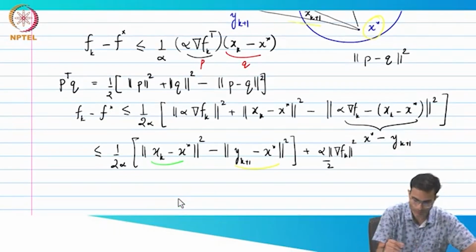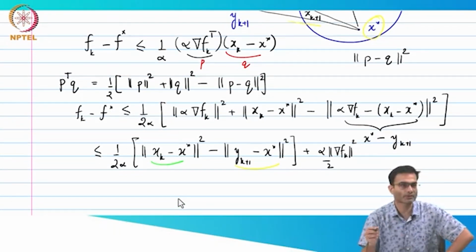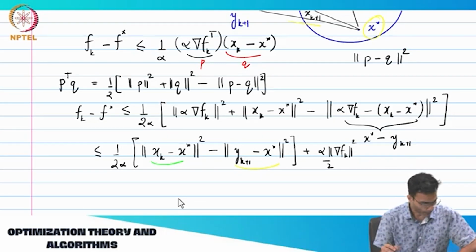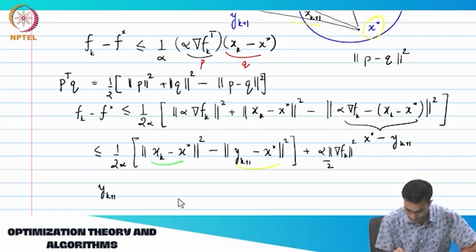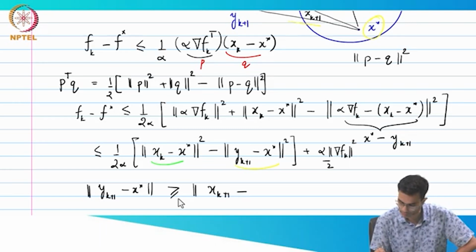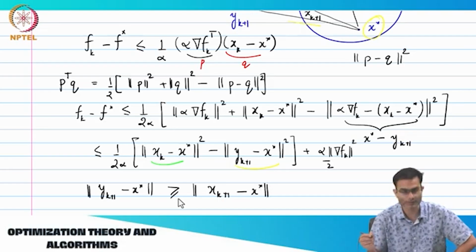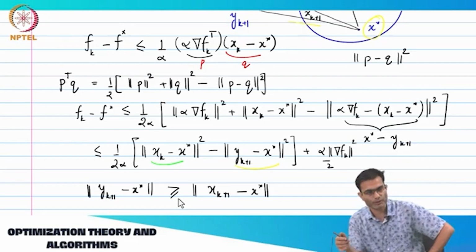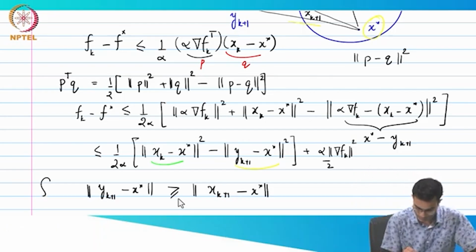So we are assuming it's a convex set. Yeah, all of this is based on a convex set. So yk plus 1 minus x star, this distance, okay, is obviously greater than xk plus 1 minus x star. That's clear from the geometry. Yeah. So I'm not writing convexity because we wrote it at the beginning.